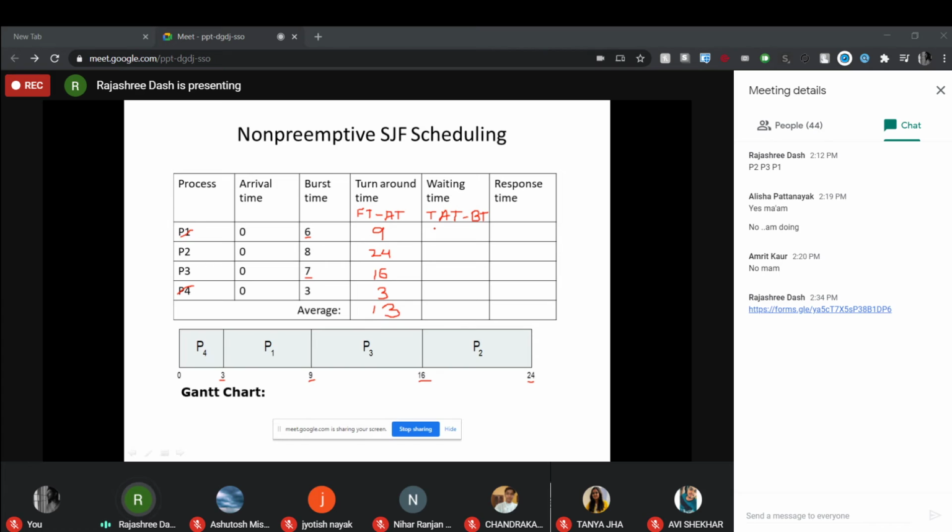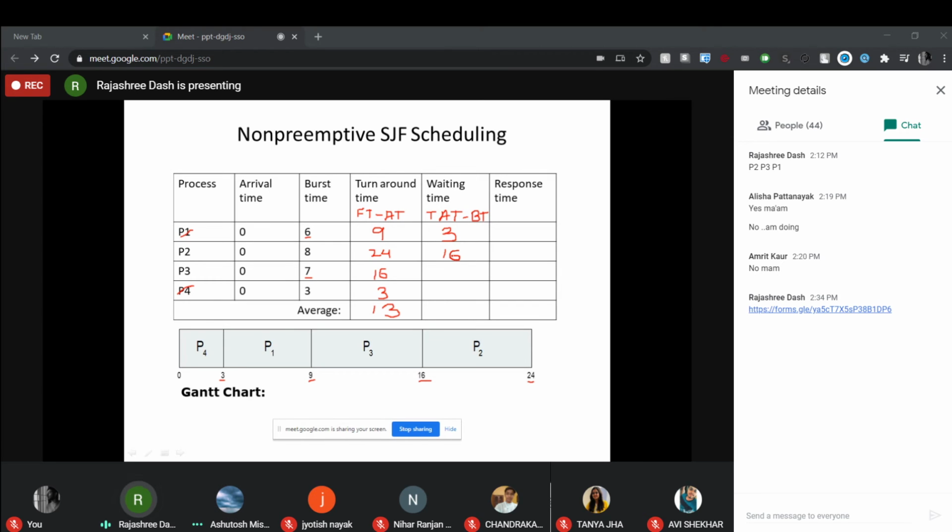Now let's find out the waiting time. What is the waiting time for P1? Waiting time is 9 minus 6, that is 3. Waiting time for P2: 24 minus 8, that is 16.